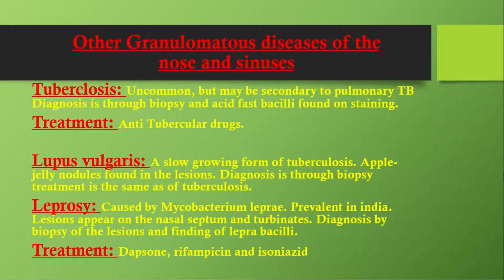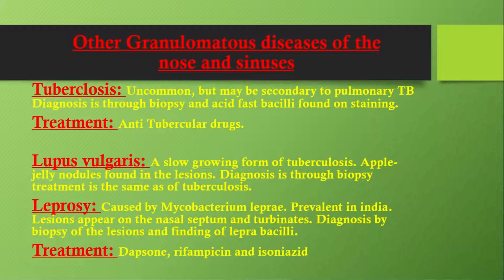Talking about tuberculosis, which may involve the nose, although it's uncommon, it may be secondary to pulmonary tuberculosis. Diagnosis of tuberculosis of the nose is through biopsy and acid-fast bacilli found on acid-fast staining.